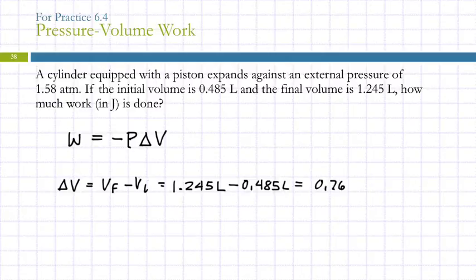Be careful with your sig figs there, because each of these had 3 decimal places, so I really need to put a 0 out here. That's the change in volume. They give us the pressure. The external pressure was 1.58 atmospheres.